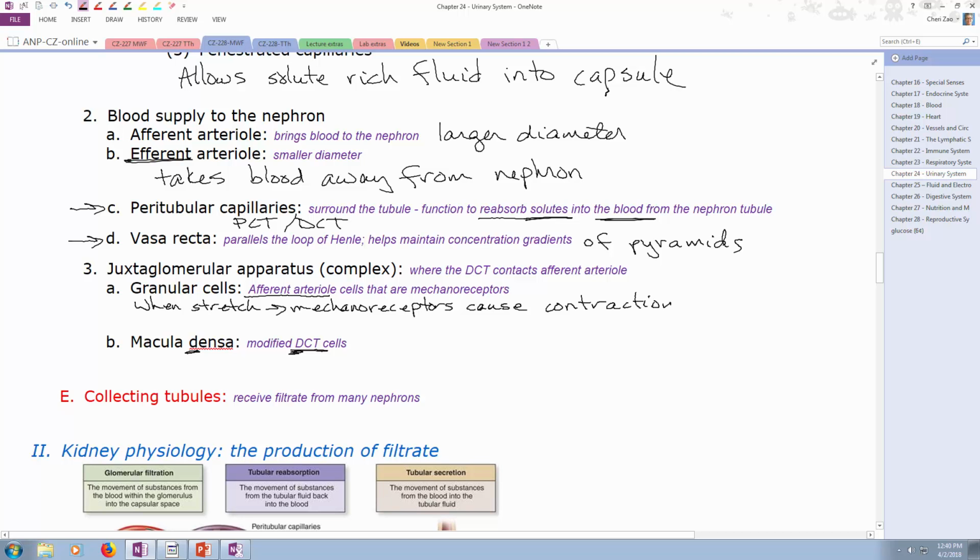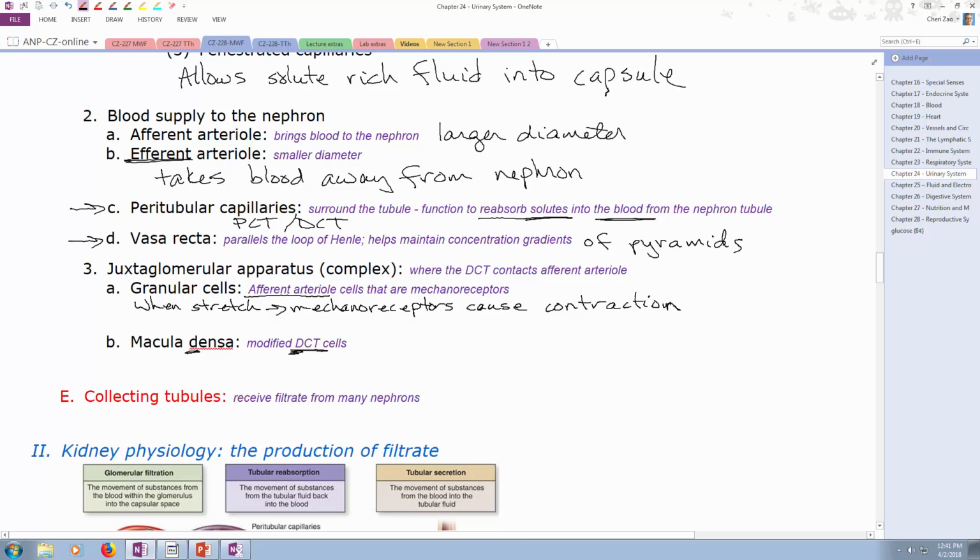So when stretched, that means the lumen's getting bigger, the diameter of the blood vessel's getting bigger, and the granular cells will cause this to be felt, and we'll actually get a contraction because we want to keep that afferent arteriole diameter fairly constant as long as we're not under a life-threatening situation. So that's what the granular cells of the afferent arteriole will do if for some reason we get this big blood flow coming on in.